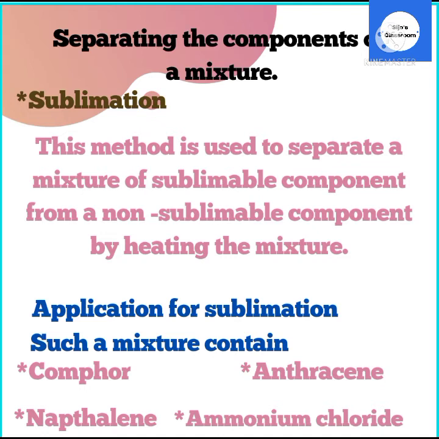Next method is sublimation. This method is used to separate a mixture of a sublimable component from a non-sublimable component by heating the mixture. Applications of sublimation: such a mixture may contain camphor, anthracene, naphthalene and ammonium chloride.